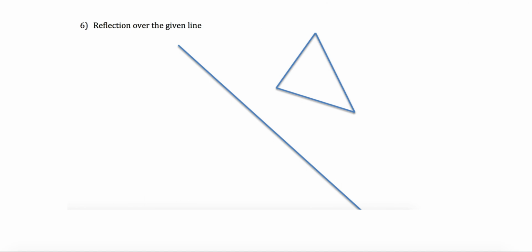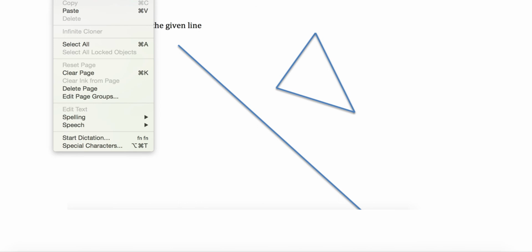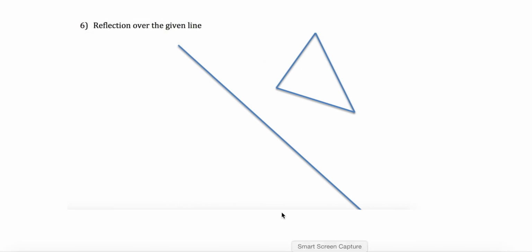So let us look at number 6 together. Reflection over this line. So same as before, we will be using the compass.